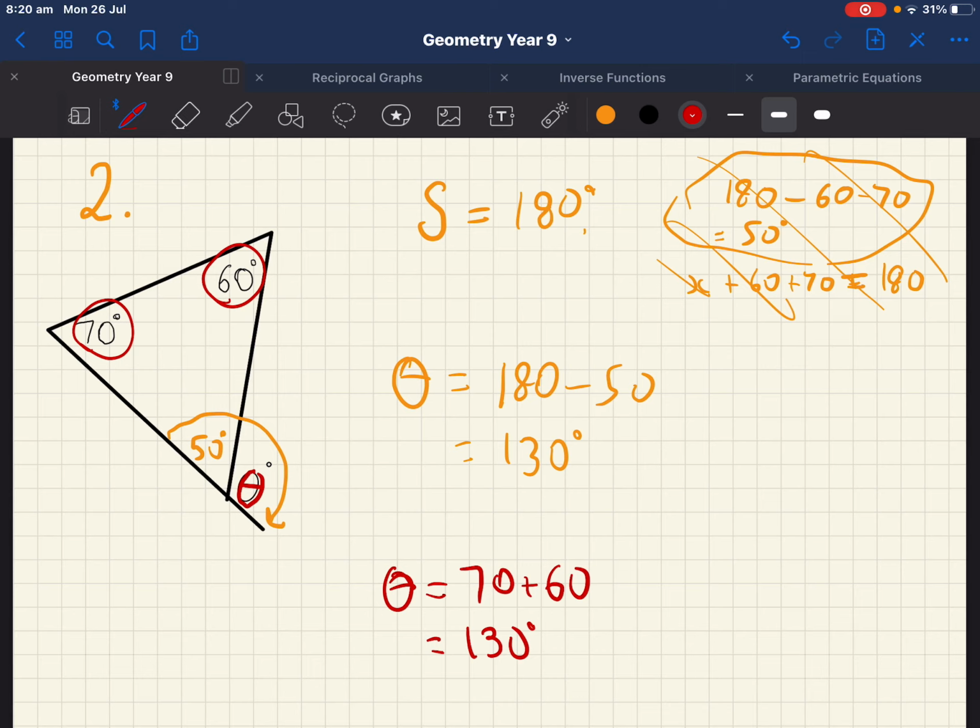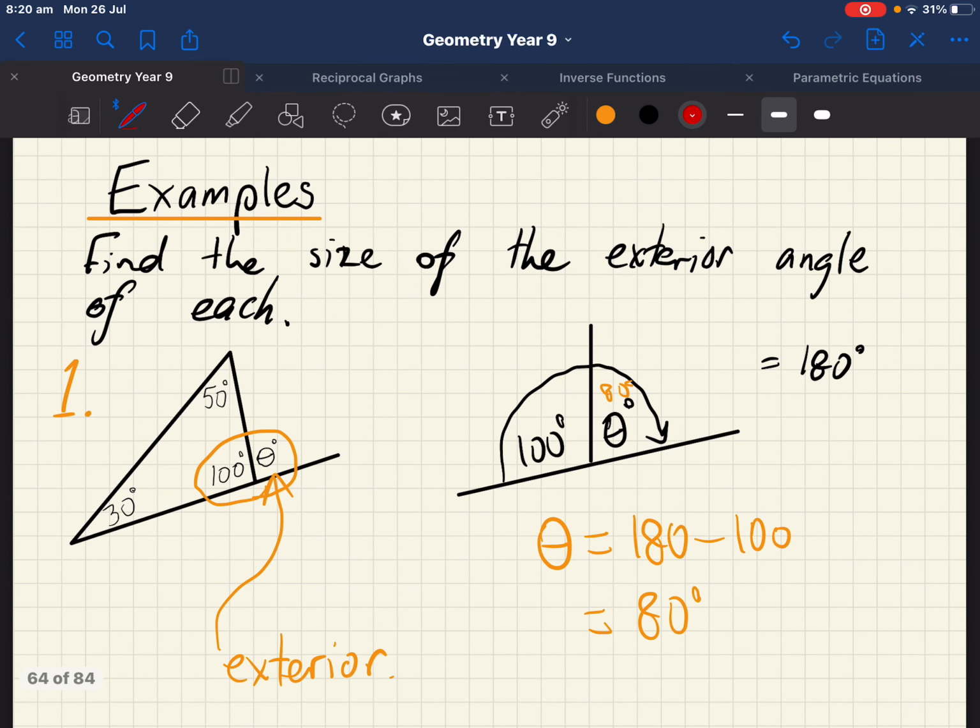That may just seem to be a coincidence, but if you look at our first example, again, the exterior angle happened to also be equal to, for this one it was 80 degrees, which is exactly what you get when you add up those two opposite internal angles.